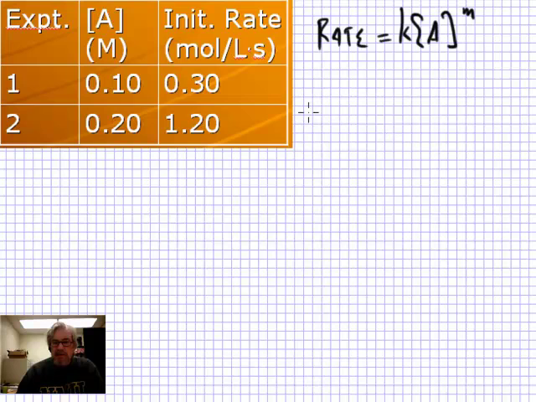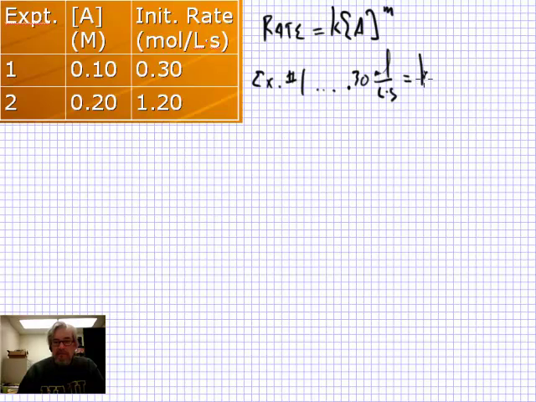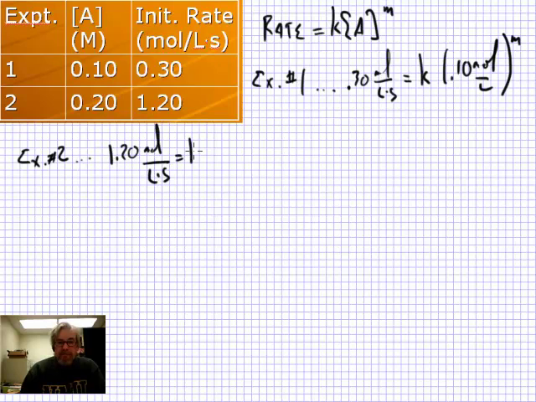So using experiment number 1, I find that rate, 0.30 moles per liter second, is equal to K times 0.10 moles per liter raised to the m power. And for experiment number 2, I find that 1.20 moles per liter second is equal to K times 0.20 moles per liter raised to the m power. So just like we did before, we're going to evaluate K based on the first experiment.